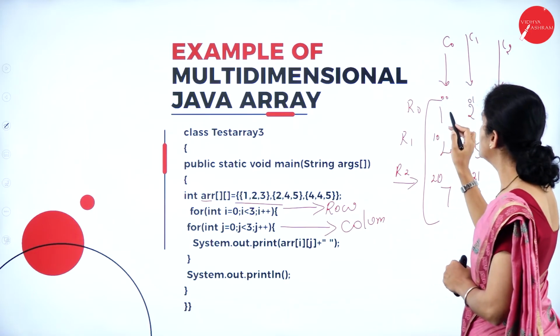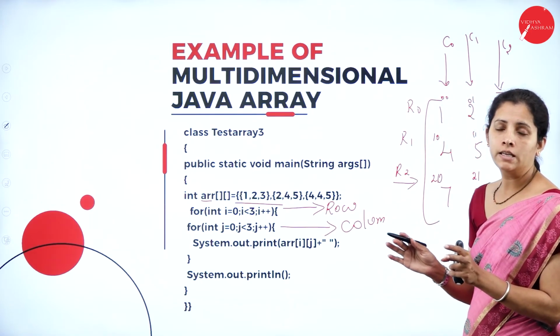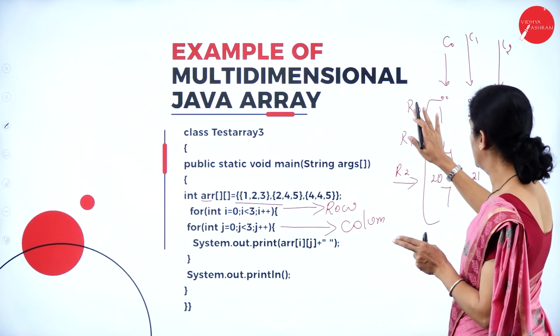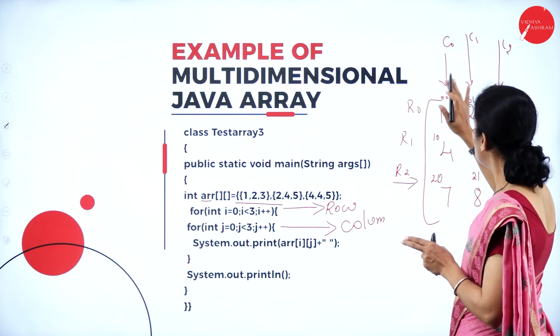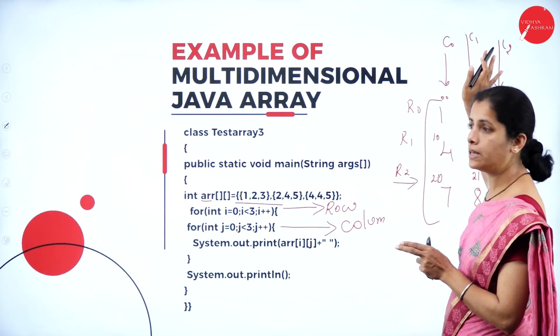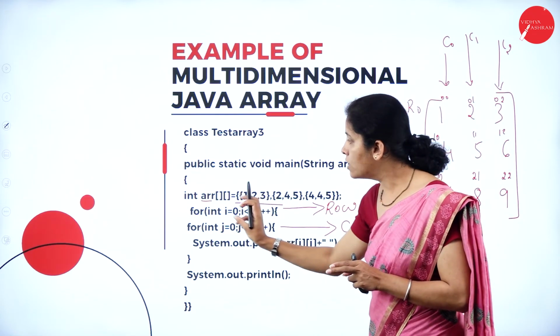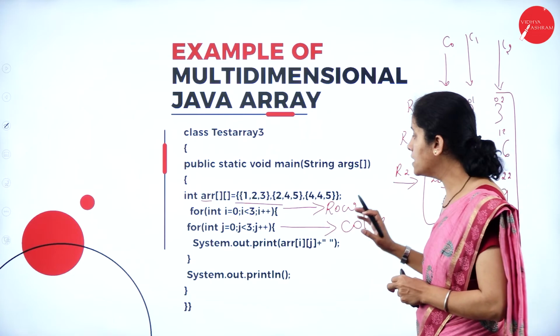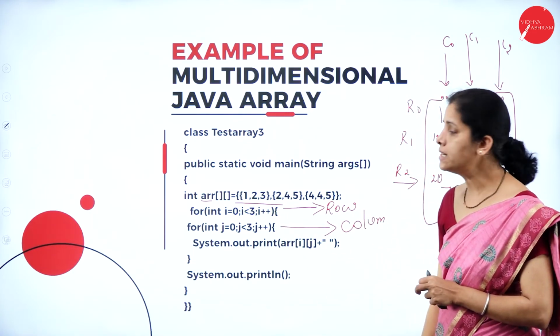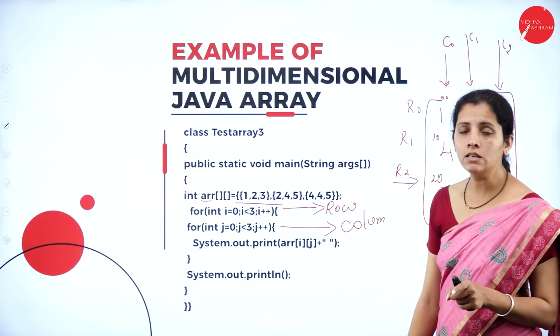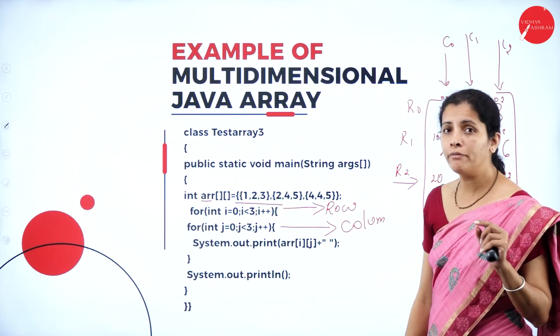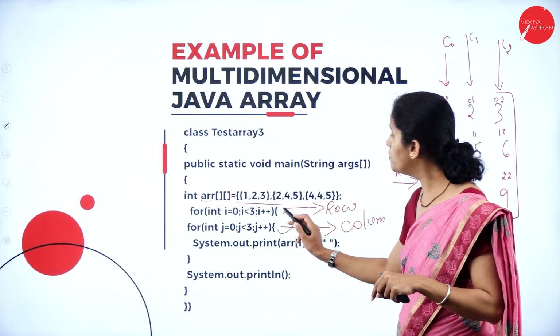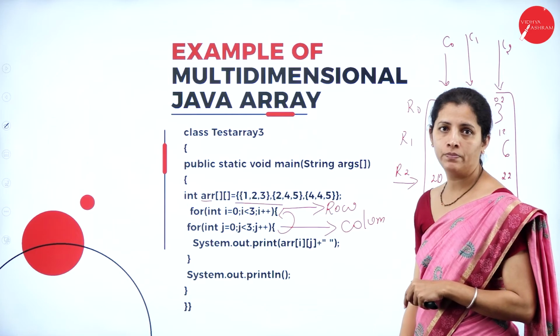And if I consider here what is common, that is row 0 remains as it is, and only the column is going to increment. So always your outer for loop is used to represent the row, and the inner for loop is used to represent the column. And when the inner for loop fails, then the outer for loop is going to execute.